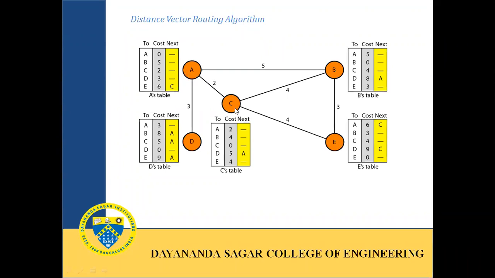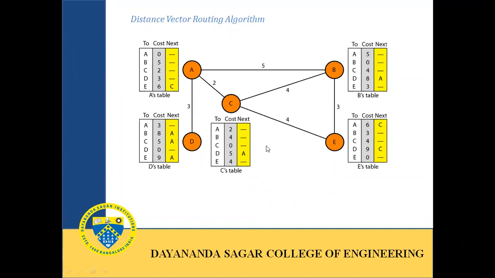Now, if you're going to use C node, the distance will be 2 plus 4, that is 6. So 6 is the shortest distance or shortest cost. So 6 is lesser than 8. So that is why C is chosen as the next hop. So when you have multiple paths available, this distance vector routing helps in finding the shortest path.